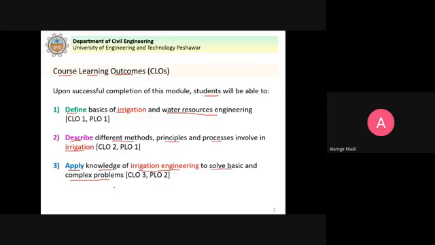That would mean that you identify the source of water based on the crop water requirements, and determine what sources are available.